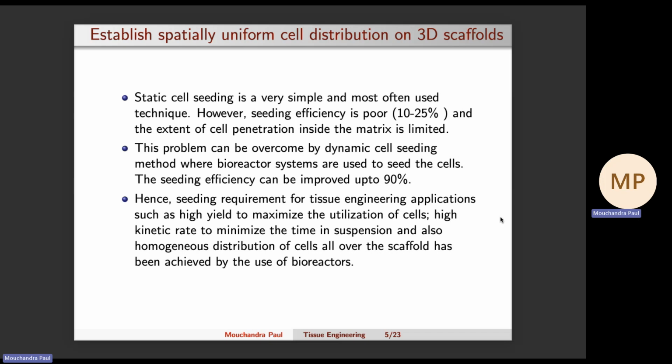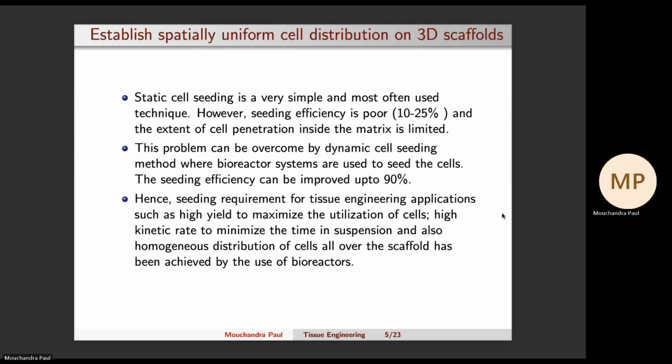That's quite high. So in bioreactors, for dynamic cell seeding, the general principle is that as the cells are added onto the scaffold, they are exposed to such an environment that if some cells get lost, due to not being able to adhere well and remaining in suspension, they can again be circled back onto the scaffold.